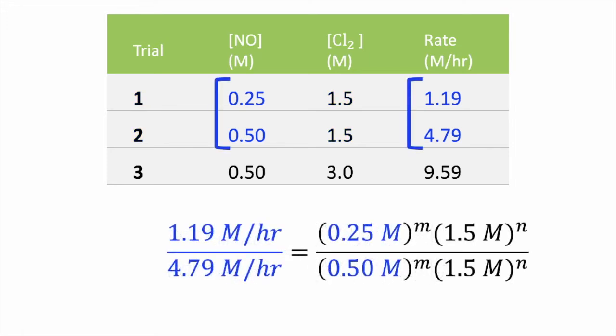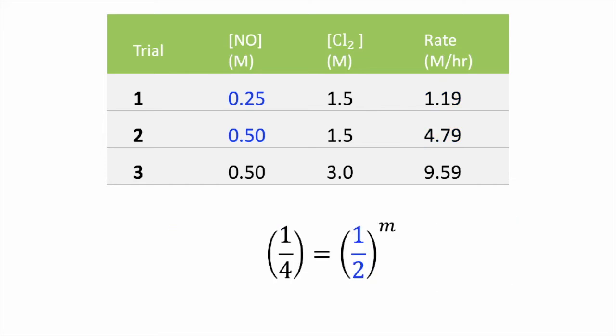And since the concentration of chlorine doesn't change, we can just cross that out. And if we simplify, we have 1/4 equals 1/2 to the m power. Now let's think backwards. What power would we have to take 1/2 to get 1/4? Well, if we were to square 1/2, we would get 1/4. Hence, m has to equal 2.